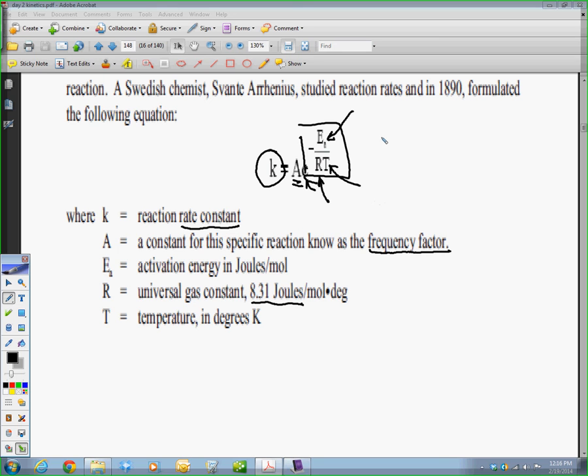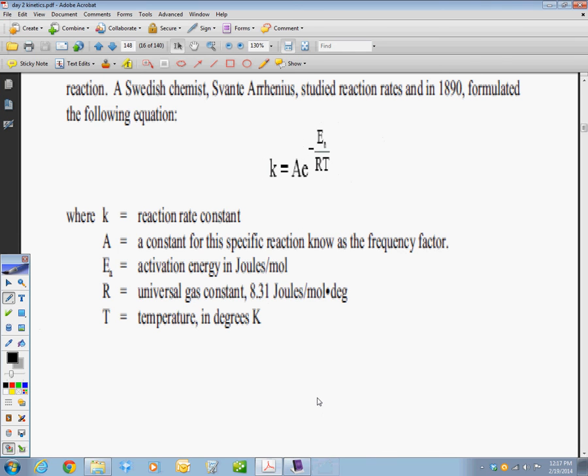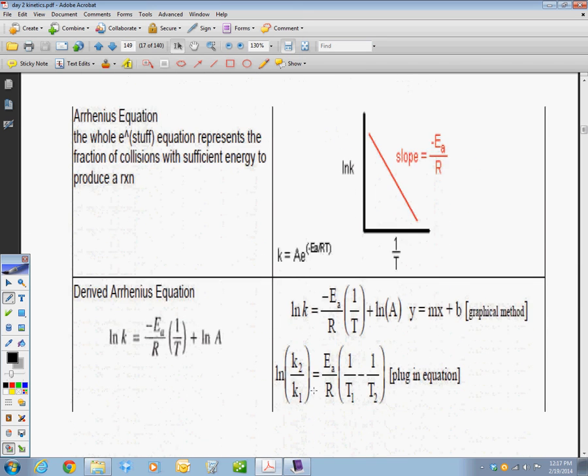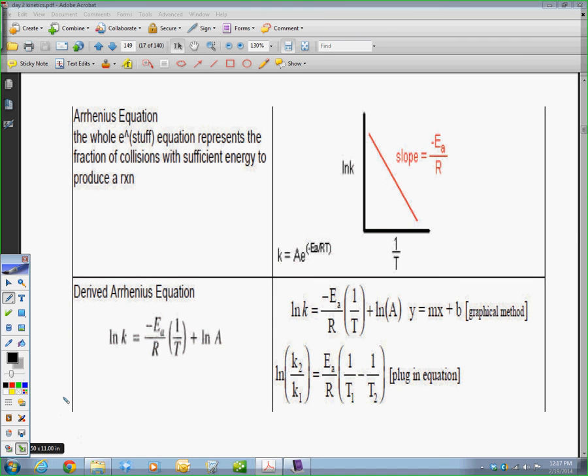Well, this equation becomes quite powerful. Now we can mathematically manipulate this equation to look like this. This is a derived Arrhenius equation, and in the old days on the AP, they would actually give you this equation. You don't really need to know the equation, but you need to know its relationship graphically.